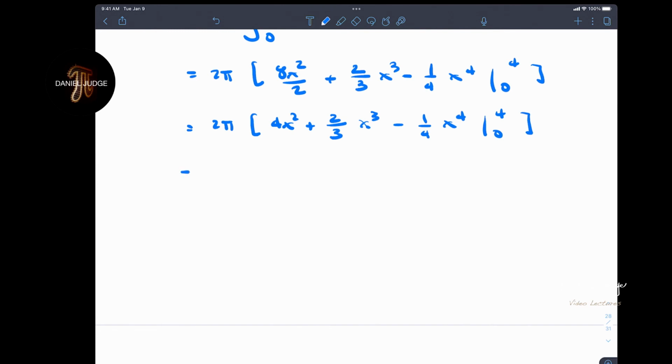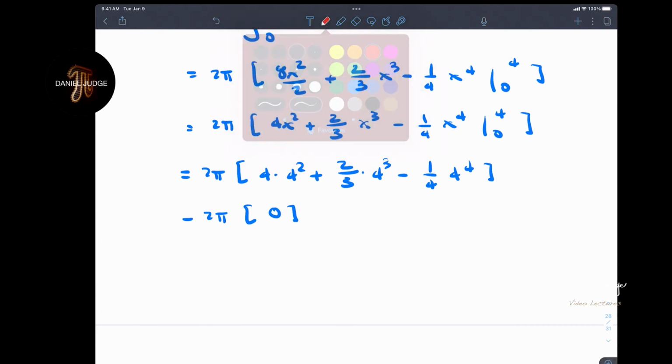Okay. Four times 4 squared, 2/3 times 4 cubed, 1/4 times 4 to the 4th, minus 2 pi. And by now, hopefully you can see that this portion here will be 0 when you plug in 0 for every one of the values.